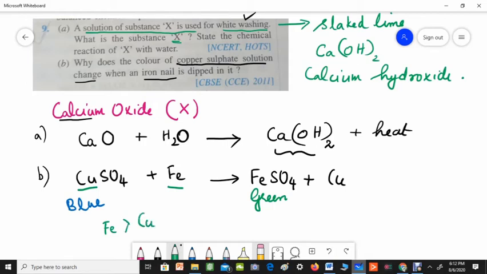That's why iron displaces copper from the copper sulfate solution, and you get the products FeSO4 and copper. So why does the color of copper sulfate solution change when an iron nail is dipped in it? This is because iron is more reactive than copper, and iron displaces copper from copper sulfate solution. That's why the blue color of the copper sulfate solution changes into green color of FeSO4.